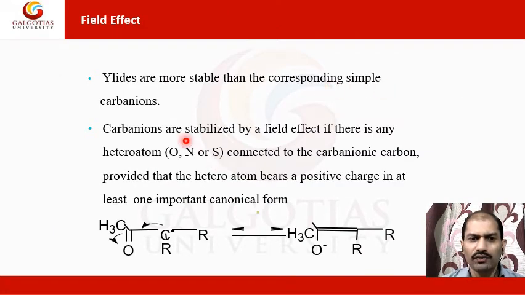If you see the field effect, ylides are more stable than the corresponding simple carbanions. Carbanions are stabilized by the field effect if there is any heteroatom. Means if there are any heteroatoms, carbanions are stabilized due to the field effects of the heteroatom connected to the carbanionic carbon, provided that the heteroatom bears a positive charge in at least one important canonical form.